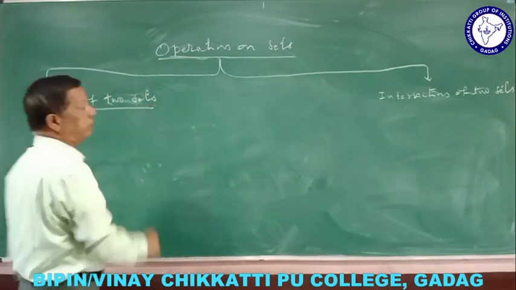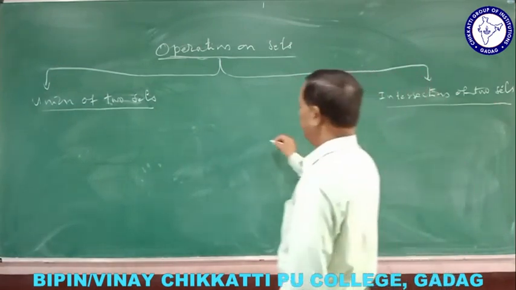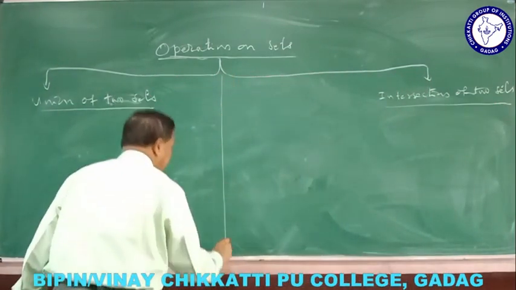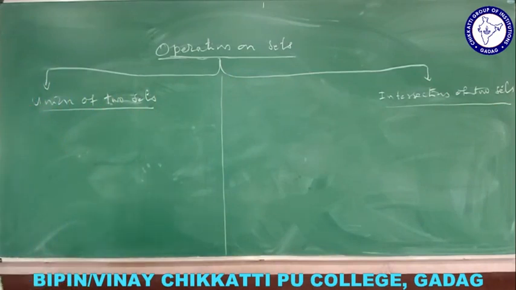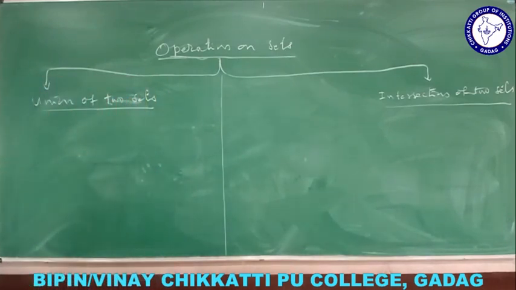These are the two operations on sets: one is union and the other one is intersection. And here we define the definition, example, and properties of these operations.